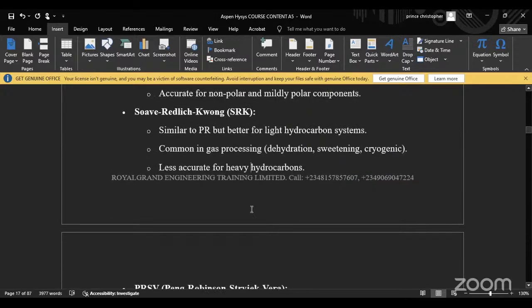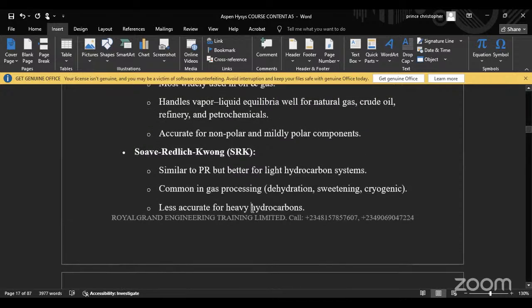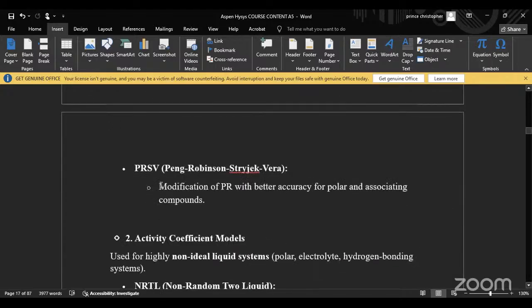That's why this first session, I'm dedicating it to explaining all this. You need to know the thermodynamic model relation. Then we also have modifications of Peng Robinson with better accuracy for polar and associating compounds.